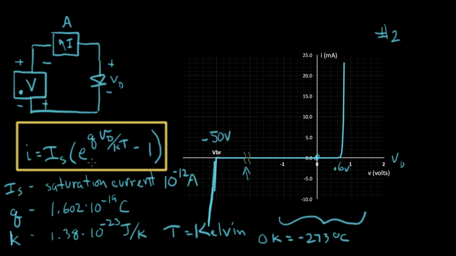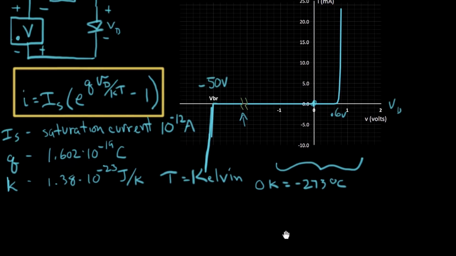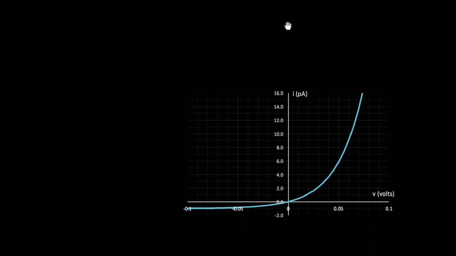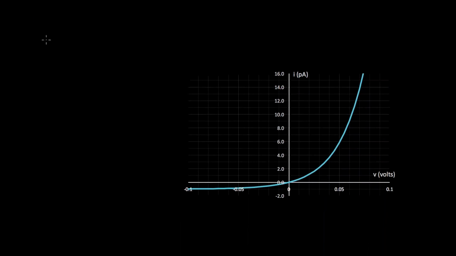And we're going to see how this exponential term shows up, and we'll see what the meaning of IS is. I equals IS times e to the QV over kT minus 1.